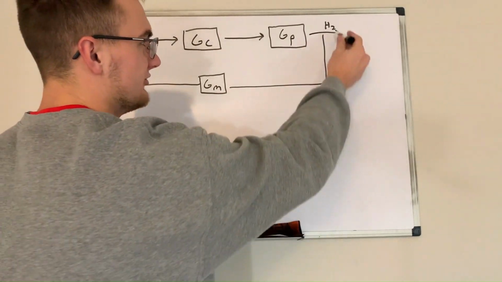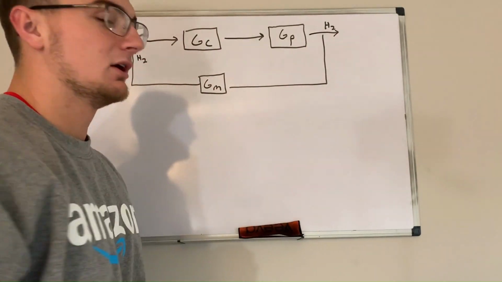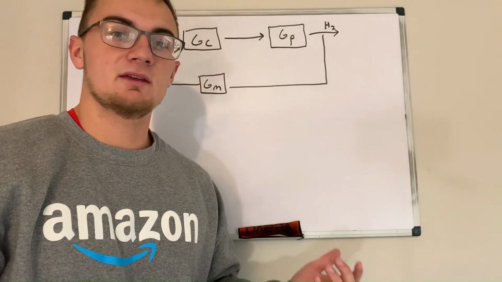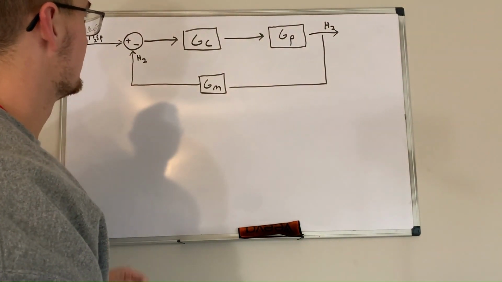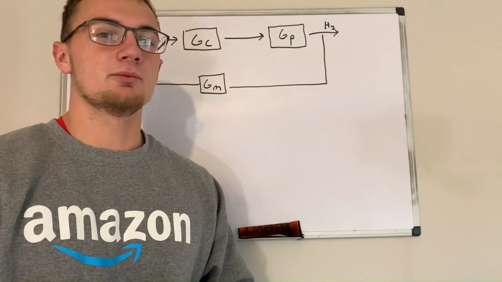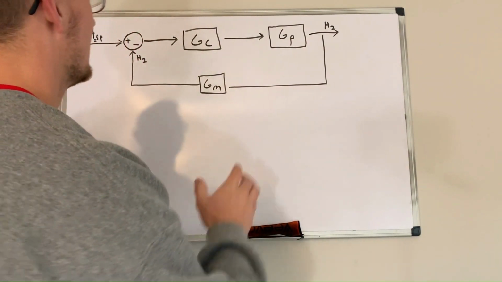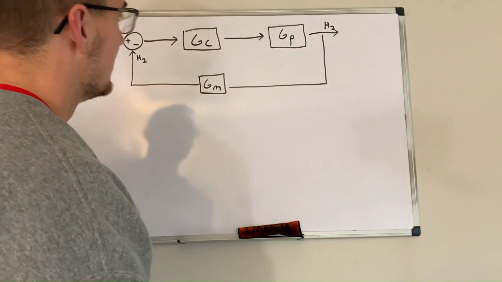Then we have our H2 coming back. We grab that value here and put it through GM, which is our measurement device here, M for measurement device. And then back up here through our comparator. So what we can do is look at this by multiplying some of these transfer functions here.